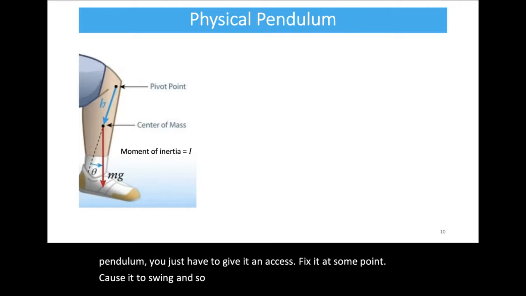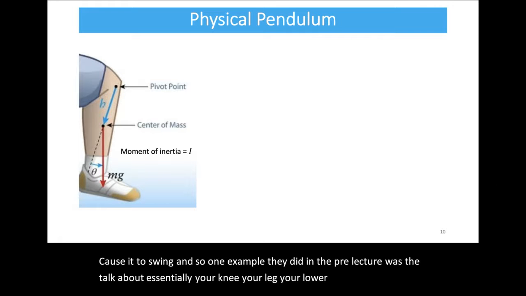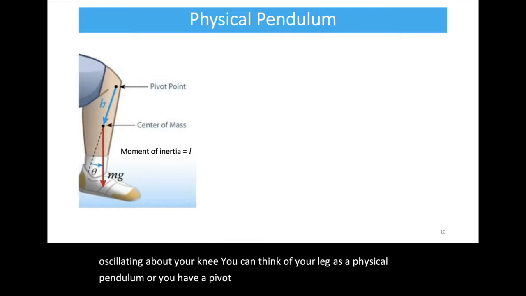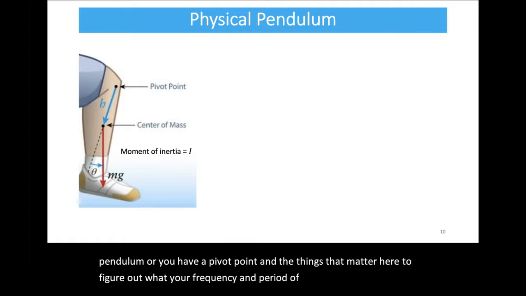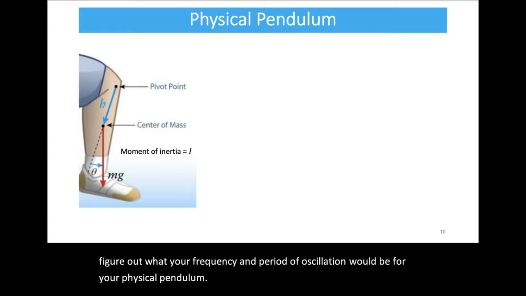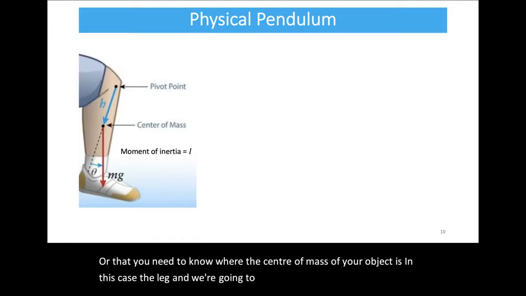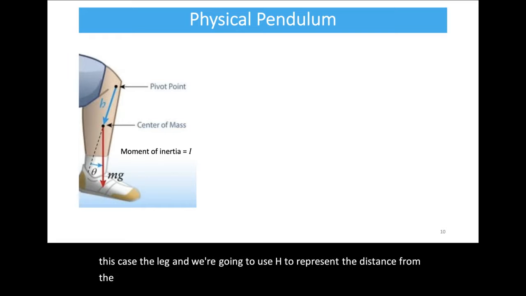And so one example they did in the pre-lecture was to talk about essentially your lower leg, basically oscillating about your knee. You can think of your leg as a physical pendulum, where you have a pivot point. And the things that matter here to figure out what your frequency and period of oscillation would be for your physical pendulum are that you need to know where the center of mass of your object is, in this case the leg, and we're going to use h to represent the distance from the pivot point to the center of mass, and you need to know the moment of inertia of the object about the pivot point.